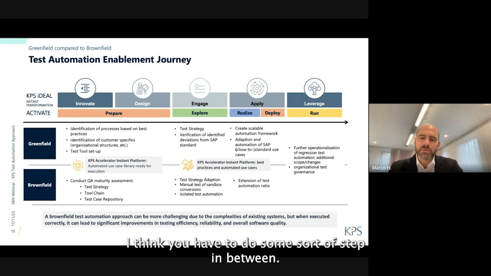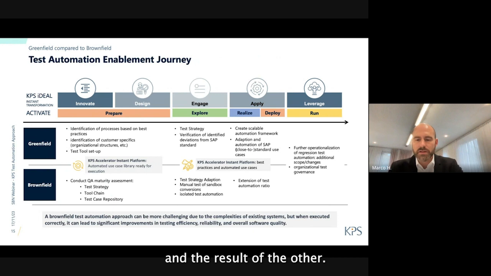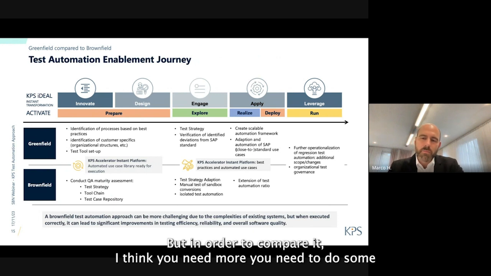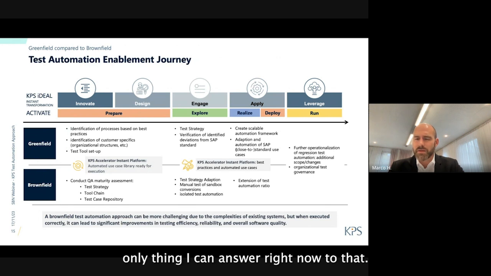I think you have to do some sort of a step in between. You can, of course, use the result from one and the result of the other, but in order to compare them, I think you need more. You need to do some sort of manual comparison step, at least from what I know. So that's the only thing I can answer right now.